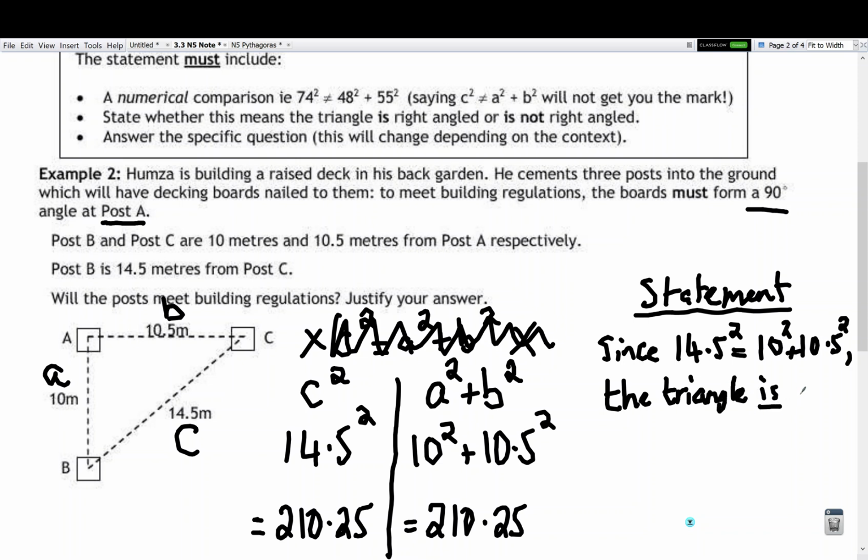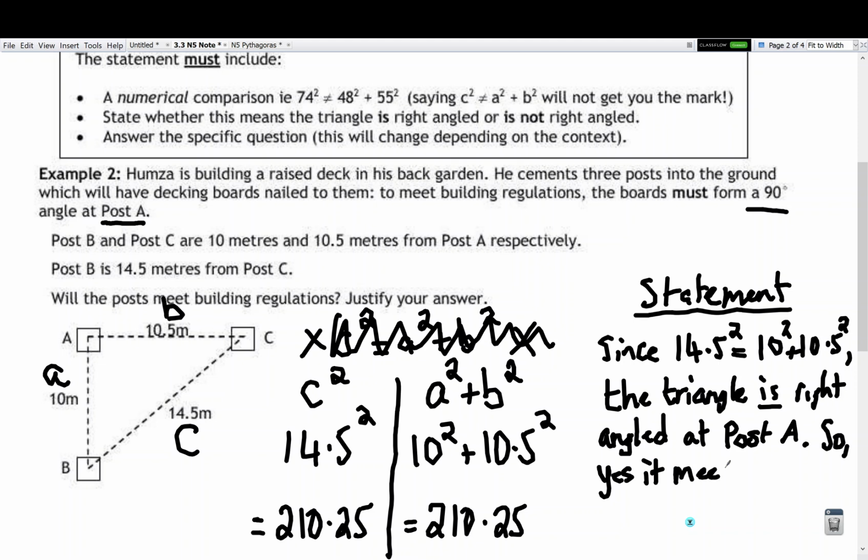Is, and you can underline is, right angled at A, at post A, if you want to say that. Going to try and relate it to the context of the question. At post A, then again, answer the specific question. It says the boards do have to have a 90-degree angle, so therefore yes, it meets the building regulations.